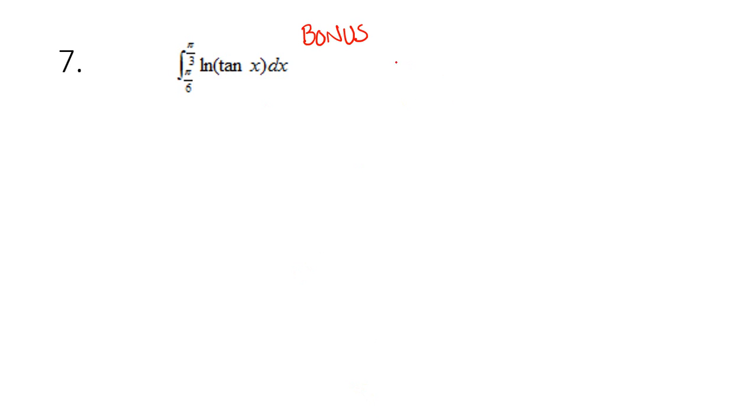The way to do this problem, it's called integration by parts. I haven't really taught you that yet. That's one of the main things that we're going to go into next. The reason why I picked this problem is because I really was wanting you to think of a problem that looked like this.